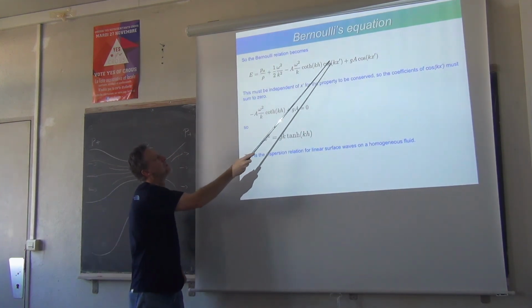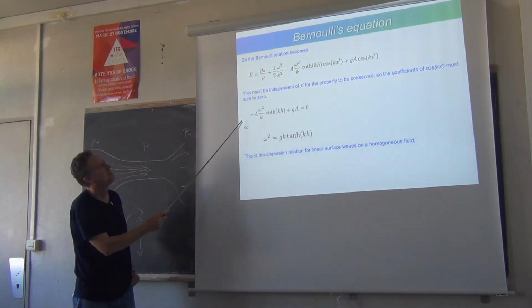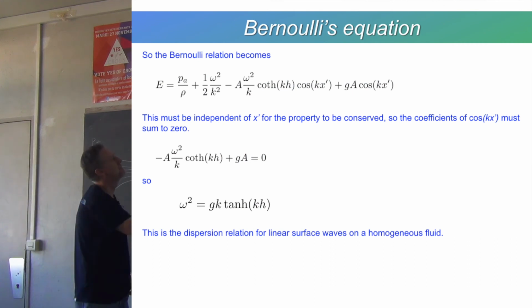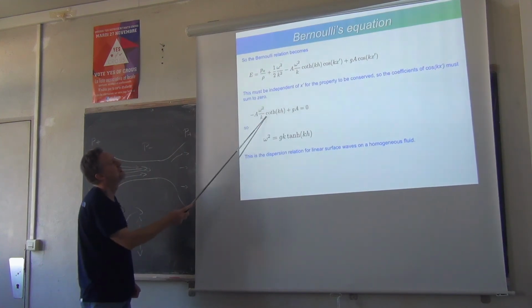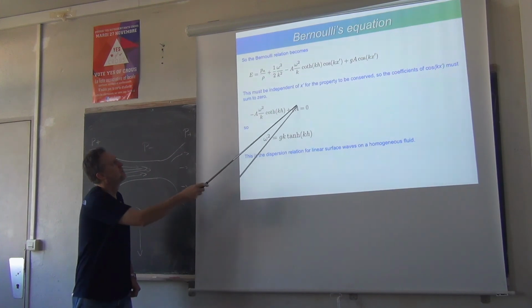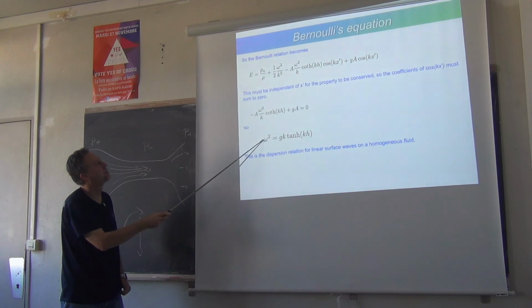And I've removed the cosine part of it because it cancels out, so we have this expression. It's getting simpler now. And so we can rewrite this expression, which is just two terms left, the gravity term and this term. We can rewrite that. The a will go, and we can write it in terms of omega squared.